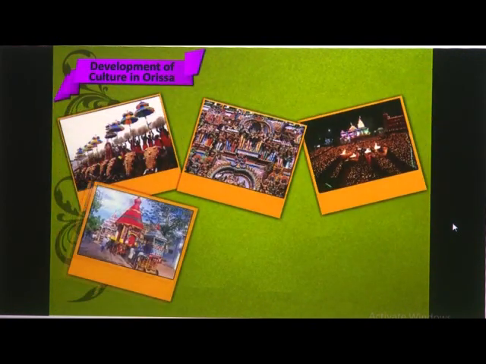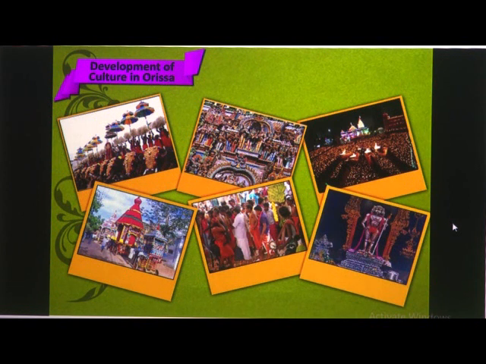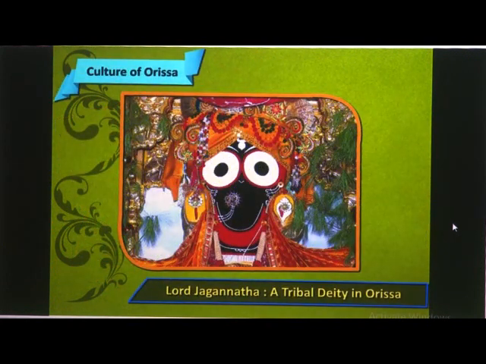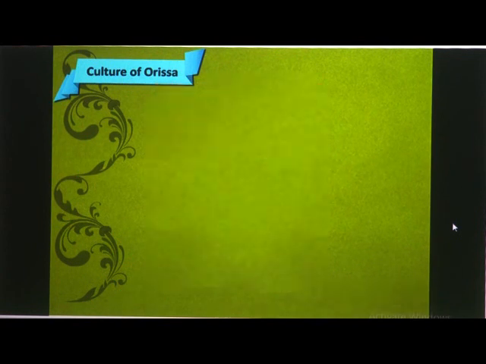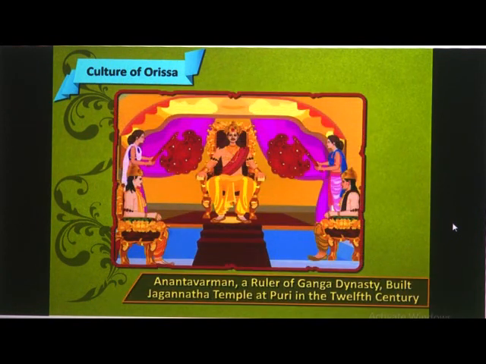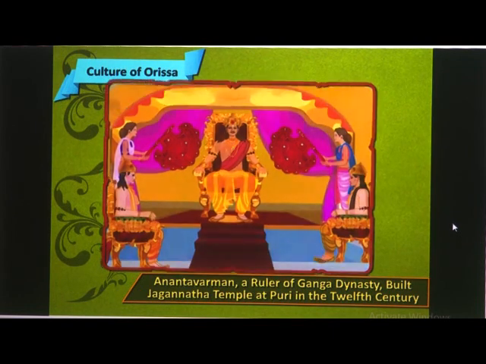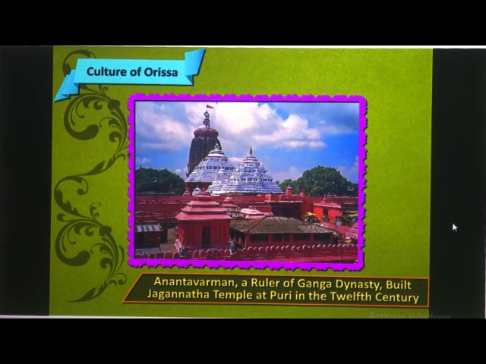In other regions, culture developed around religious traditions. Lord Jagannath, believed to be a tribal deity in Orissa, was later identified with Lord Vishnu. In the 12th century, Anantavarman, a ruler of the Ganga dynasty, built the Jagannath temple at Puri.